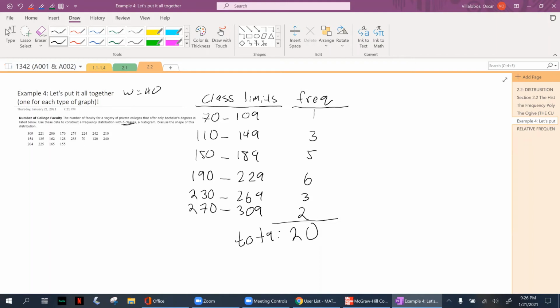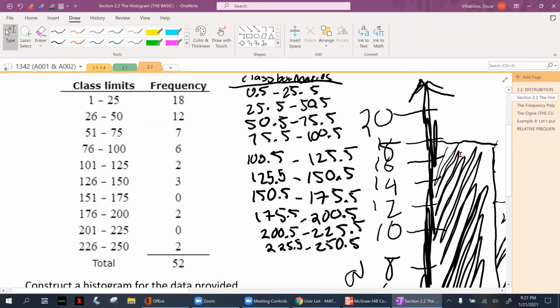Hey, this is correct. I am on the correct path. This is 20. And hey, what were we asked to do? You're asked to construct a frequency distribution with 6 classes and a histogram. Well, we just did all the work for a problem like this.